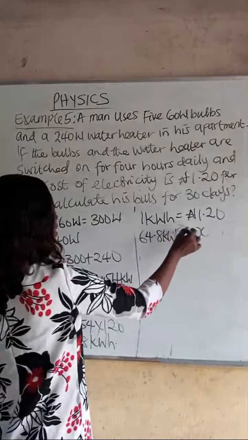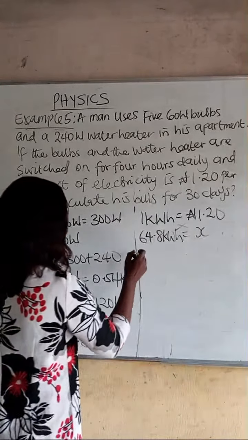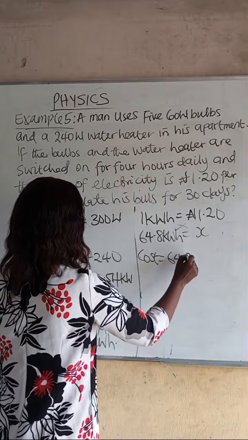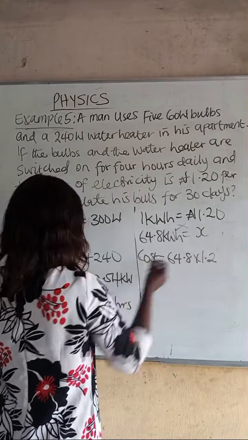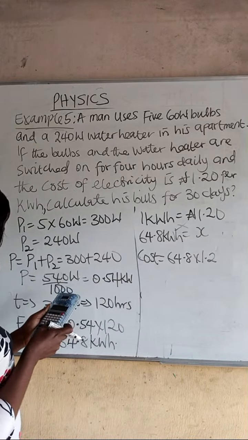So we say cross multiply. So I'm going to say the cost is equal to 64.8 times 1.2. So let's work it out.